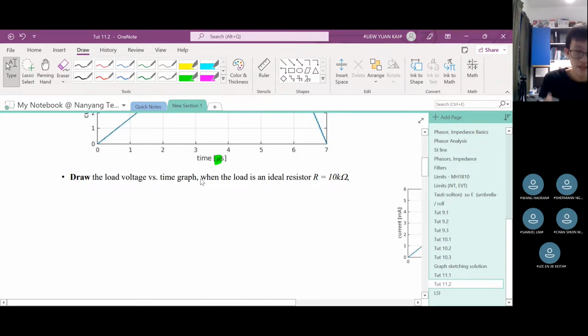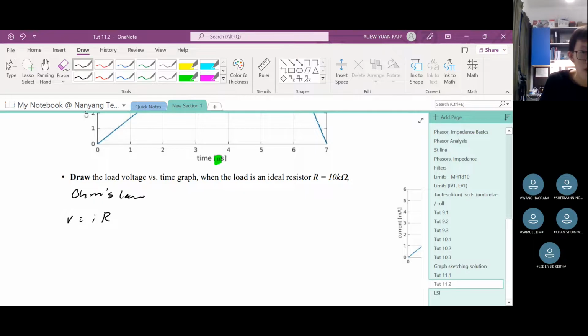In a resistor, you should already be familiar with what relates voltage to current. That is the classic Ohm's law, the only thing that relates voltage to current. So V is equal to I times R.